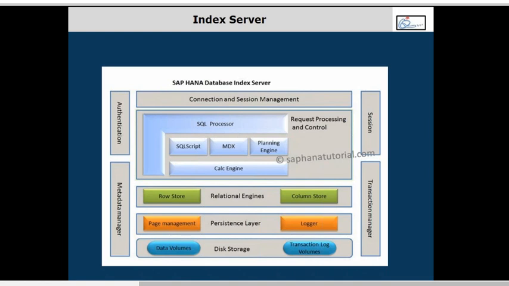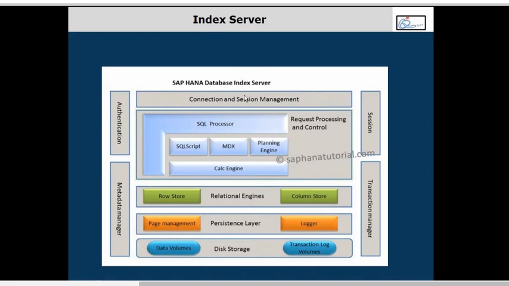The connection and the session need not be from HANA Studio. Even if you run a report in the BO environment, BO will have some user login through which it gets connected to HANA, then it reads the database. If I need to send a request to my HANA server, first I need to get connected to that server, and the connection and sessions are all handled by connection and session management.